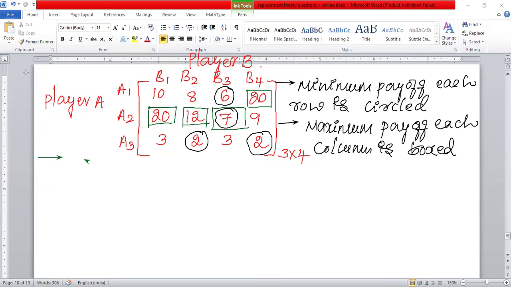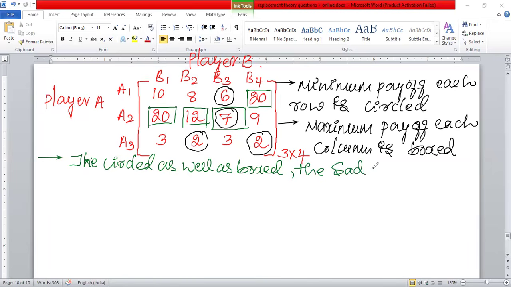The next one: the circle as well as box. That is important, the circle as well as boxed is the saddle point. The saddle point is 7.